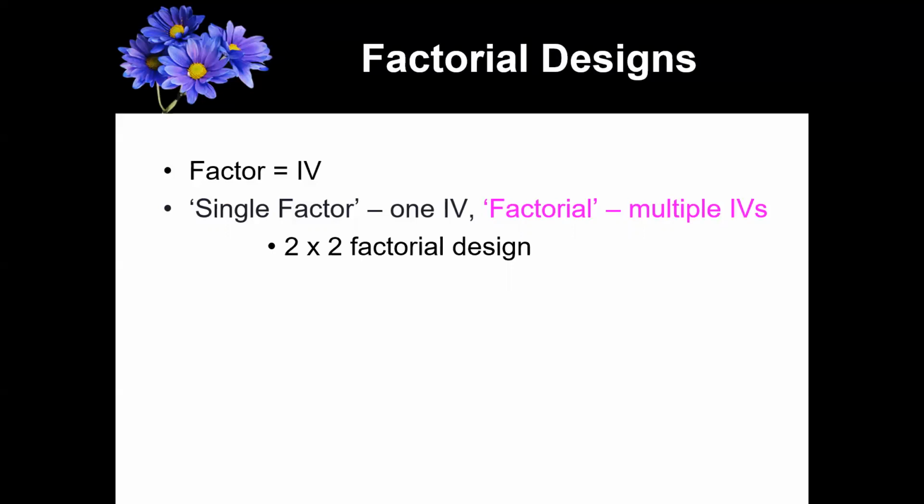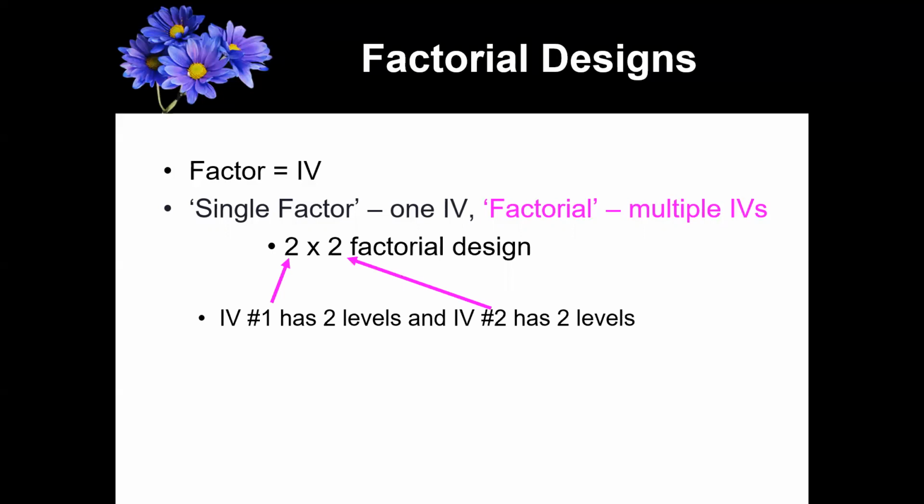So what we just did, that example, was what's called a 2 by 2 factorial design. And what this means is that we have two independent variables, and each independent variable has two levels.